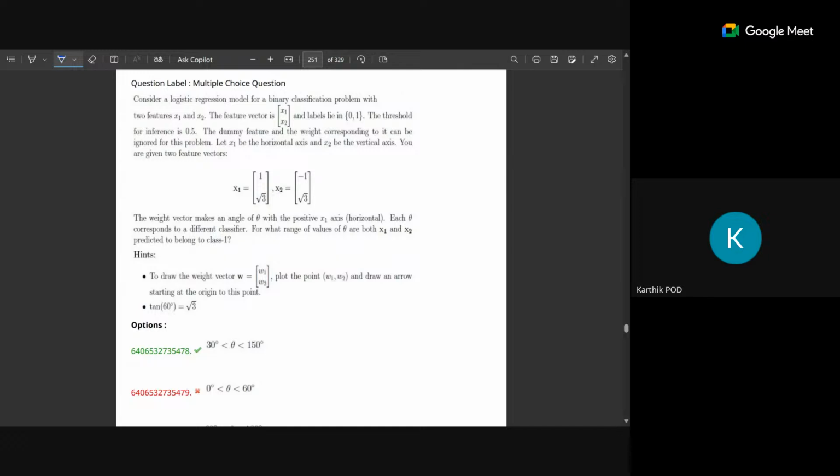You have to just draw this classifier such that x1 will be predicted properly, and you have to draw a plot.